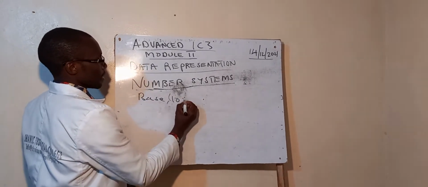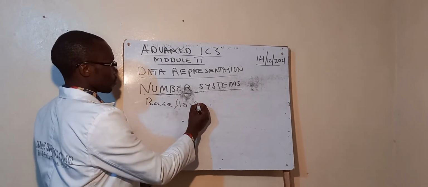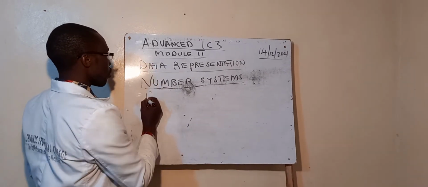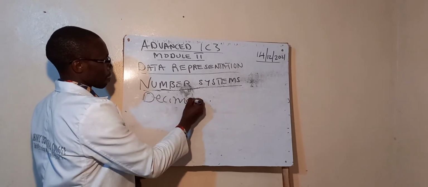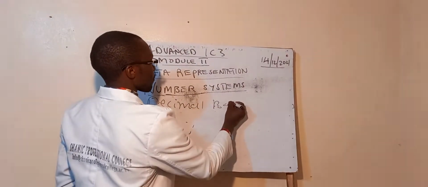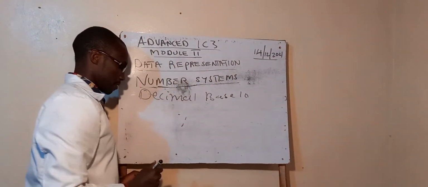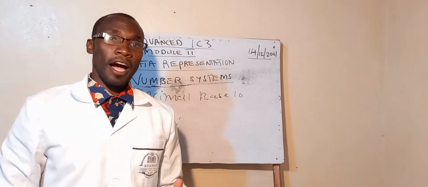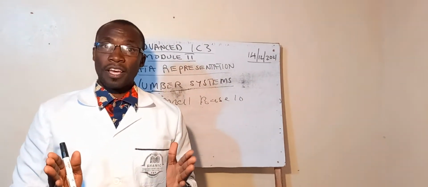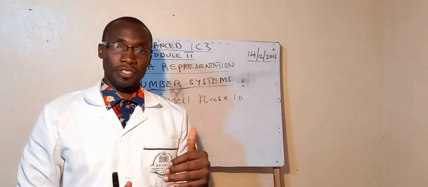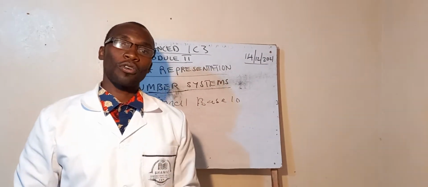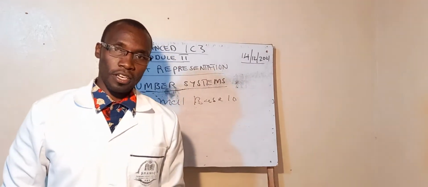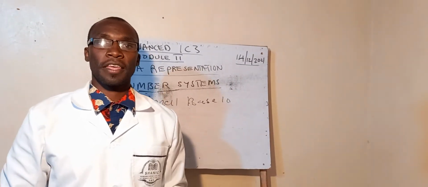Base 10, decimal, this is the base 10 number system. In decimal base 10 number system, we have 10 symbols, that is 0 to 9. They are called digits that uses positional notation.